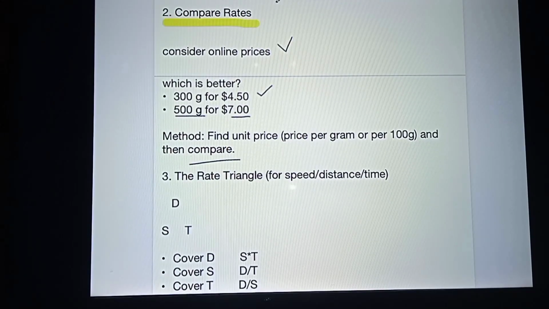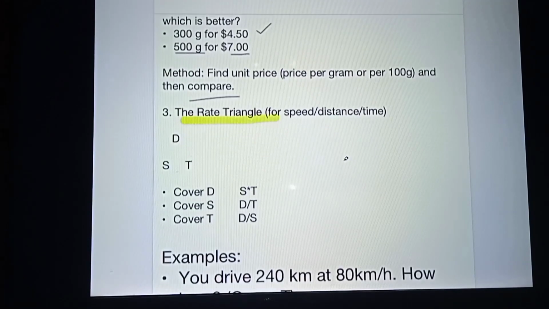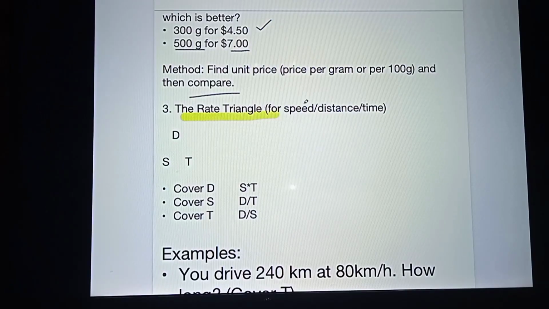Another method of finding rate is the rate triangle. In this case, for speed, distance, and time, if we need to calculate speed, distance, or time, we need this rate triangle.